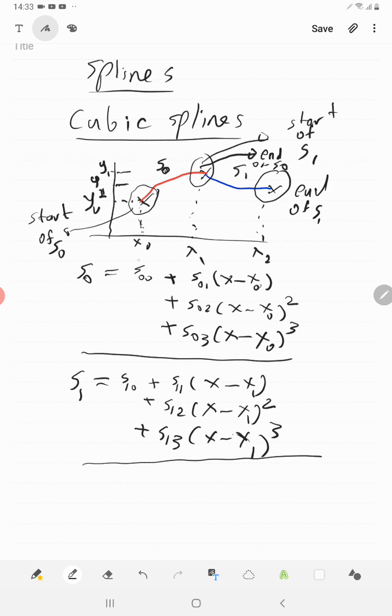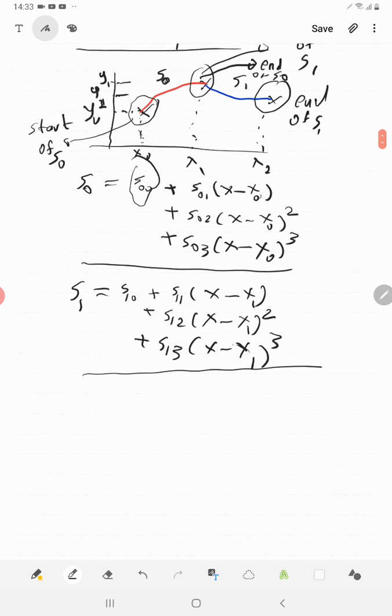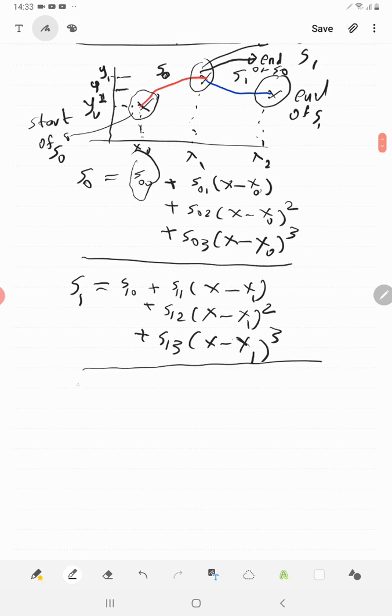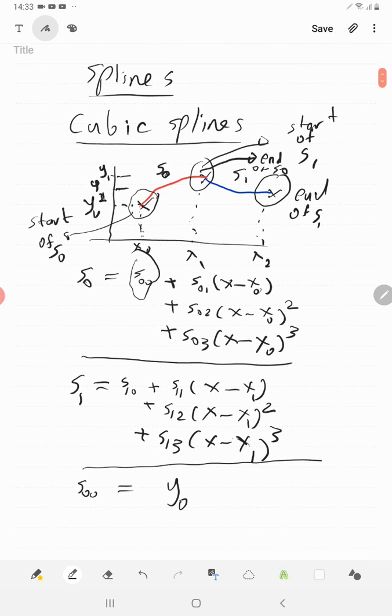So what is left? Only S0,0. So S0,0 should equal y0, because this point here, y0, should be the start of the first segment S0.